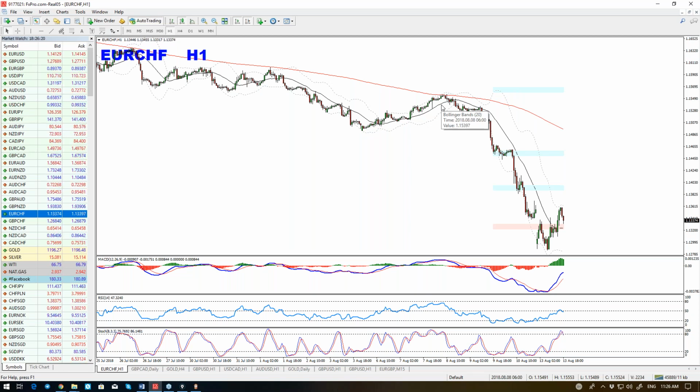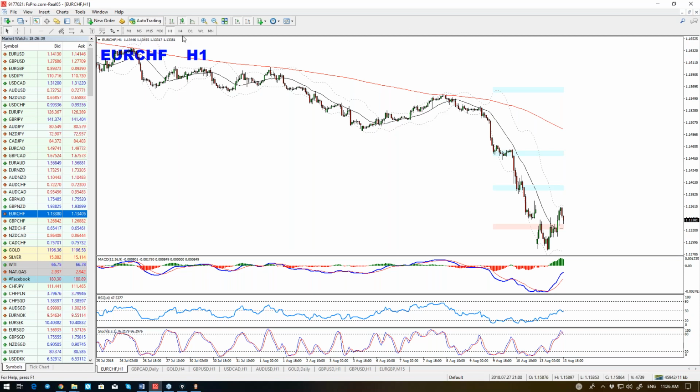The idea here is we can have the corrections. As I said before, I wouldn't trade them because we don't have signs for the reversal. So guessing when and how deep that will be, that's not my trading style. For me, it's sell the rallies.